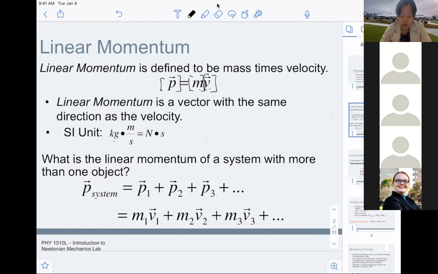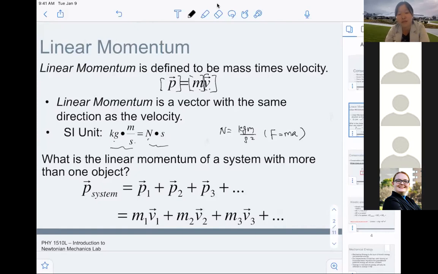The unit for velocity is meter over second. So when you put them together, you can also rewrite that using Newton times seconds, because Newton is 1 kilogram meter per second squared. This we know from Newton's second law, F equals ma, right? So you can write the units for momentum in these two different ways.